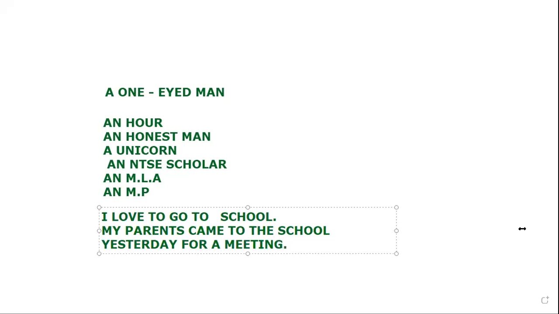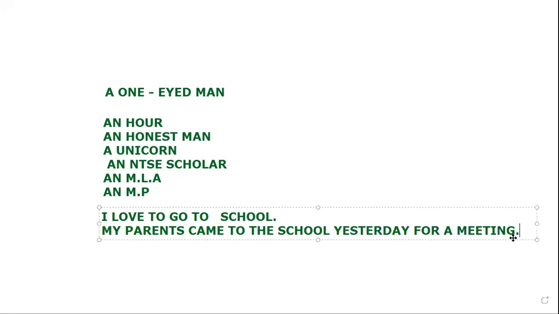They must have received so many remarks about you, right, children? So my parents came to the school yesterday for a meeting. So how come the here? See, when the activity is a strange one, in a sense, not regularly they come to school, occasionally they come to school so that they can attend the meeting or meet your teachers there.